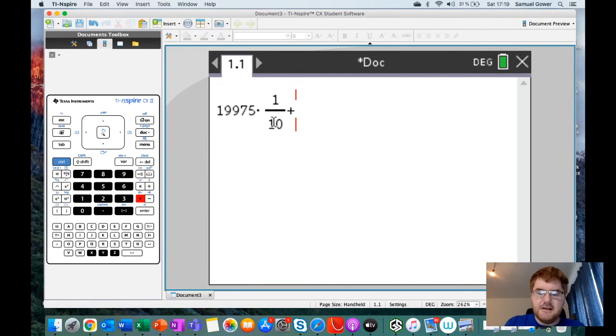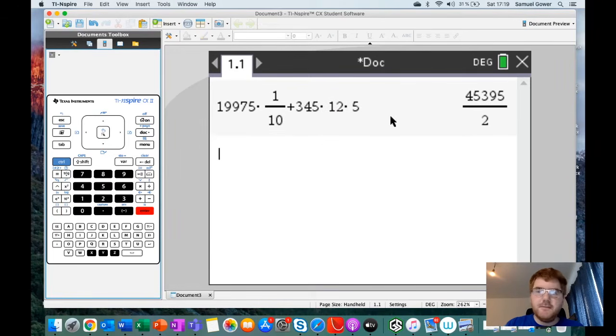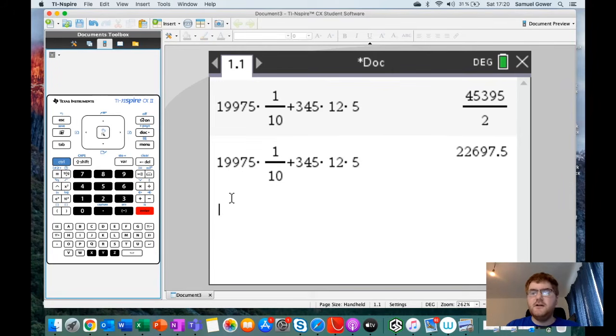Okay, and then I'm going to add on, I'm going to put this in brackets, $345. We times that by 12 months in a year, and then times that by 5. And if we put that all together, we get a fraction, but that's fine. We can just press Control Enter to give us the decimal that we're looking for, which is 22697.5. We're going to pop that back into my calculation.